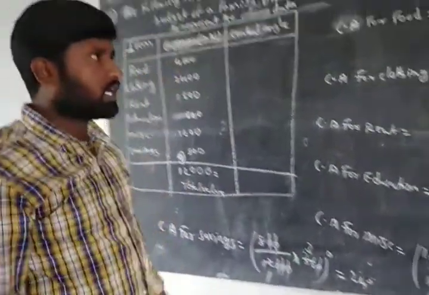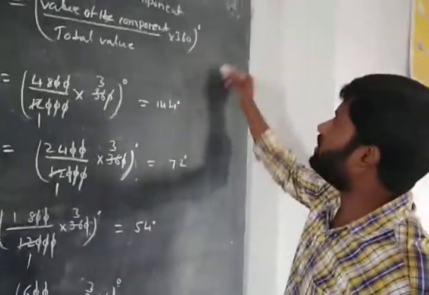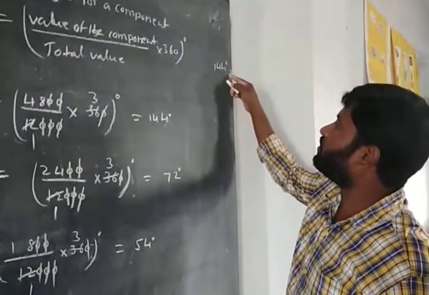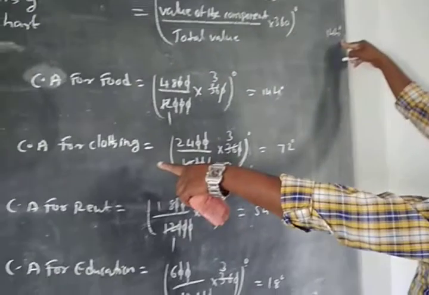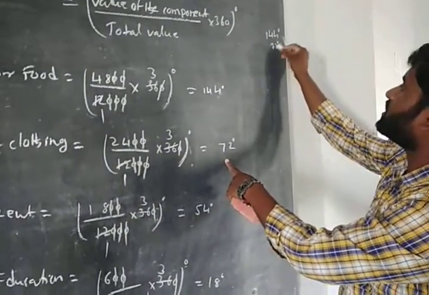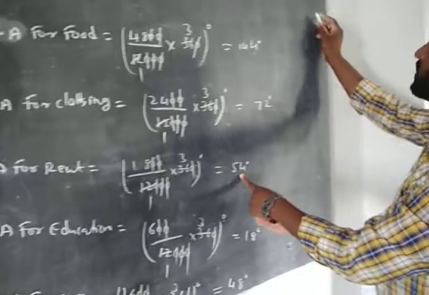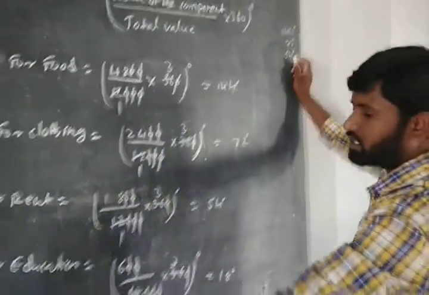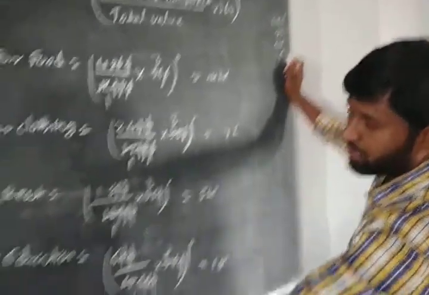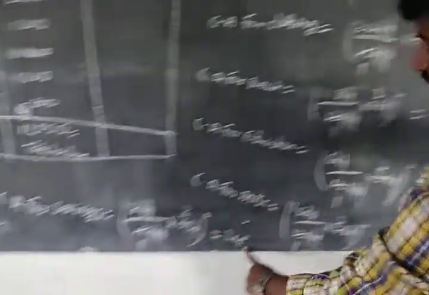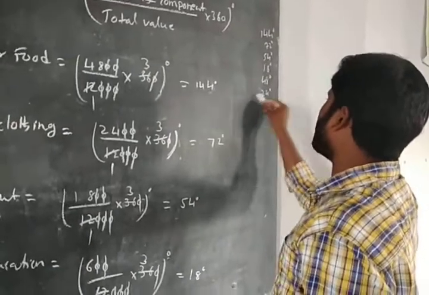Now everyone, see here. The central angle for food is 144 degrees. Then central angle for clothing is 72 degrees. Central angle for rent is 54 degrees. Central angle for education is 18 degrees. Central angle for MISC is 48 degrees. Central angle for savings is 24 degrees. Then you add them now.